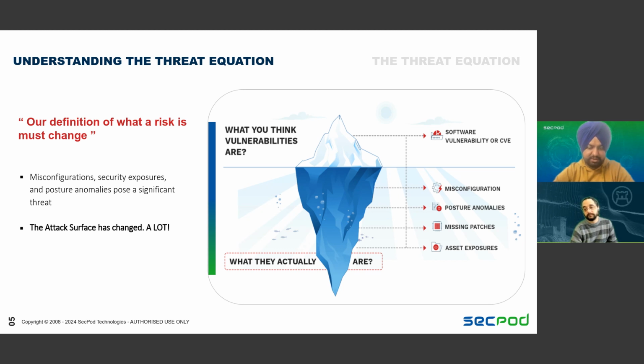Some of the leading scanning tools don't prioritize these for IT security teams, which we believe should change, since the attack surface is changing. The perspective of IT security teams must also adapt to that change.